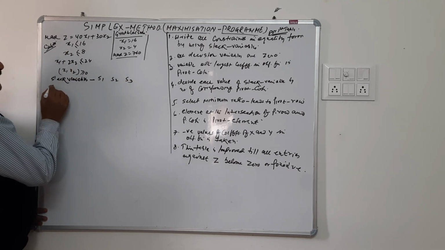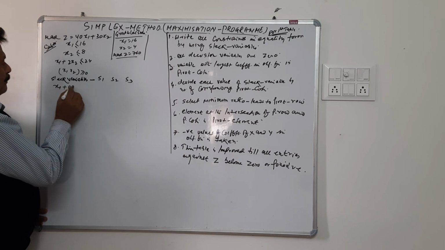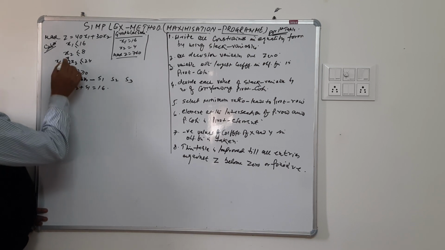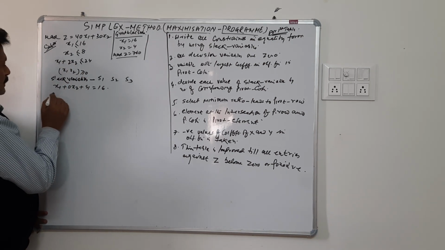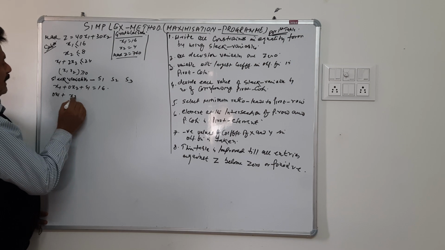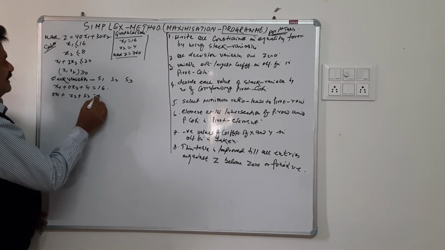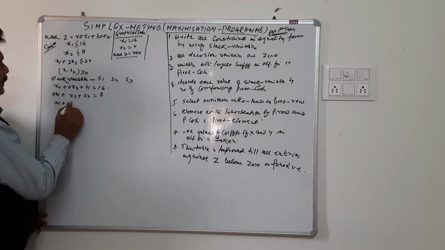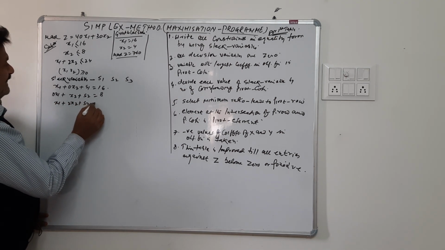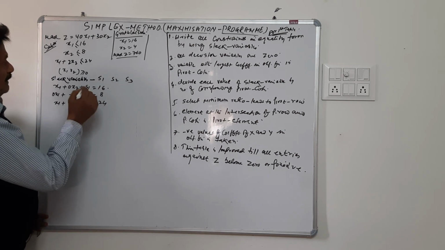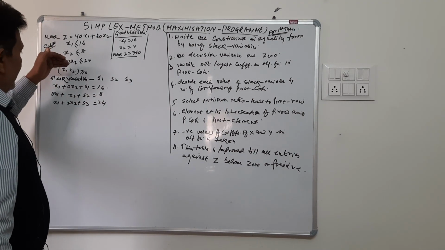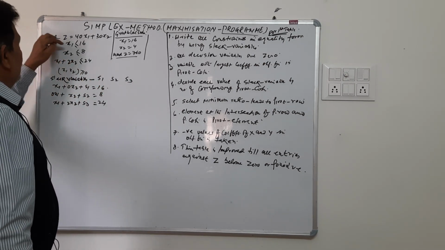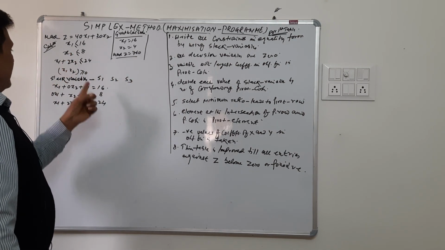Now it could be written as x1 + 0x2 + s1 = 16. Here we just don't have x1, so 0x1 + x2 + s2 = 8, and x1 + 2x2 + s3 = 24. This is how all the inequalities are converted into equalities by using slack variables. Something was less, so something has been added to make it equal.